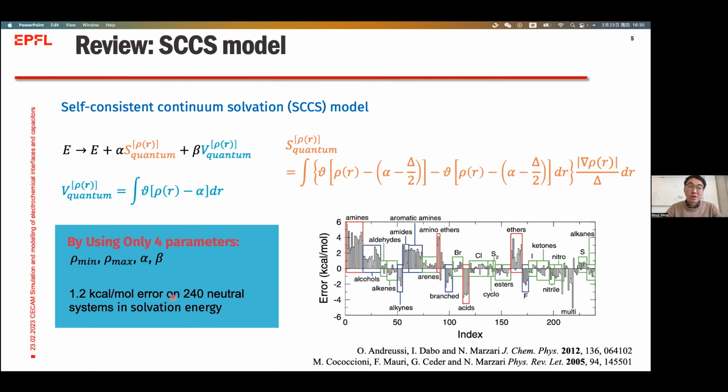For some systems the energy agrees well with experiment, and for example for the amines, this group of molecules, the energy is not that good, but again, we have parameters to tune this energy for the DFT calculations.